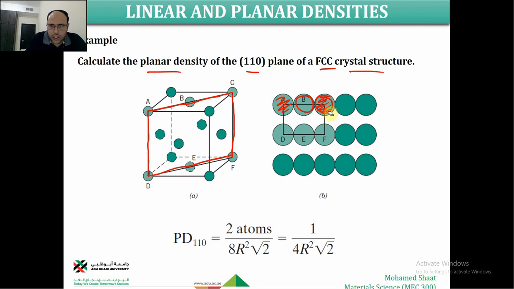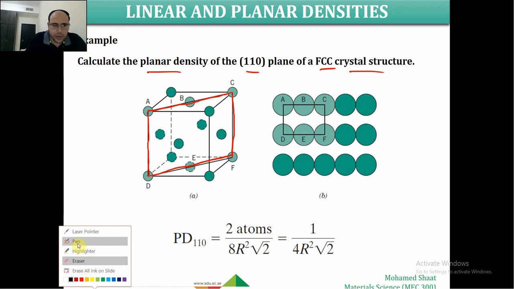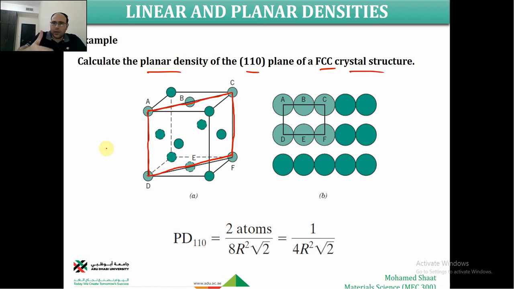So step 1 again is just to draw the unit cell of this crystal, then draw the plane, then extract the plane and identify and allocate the atoms, how they are arranged over this plane. This is step 3. Step 4 is just to count how many atoms physically belong to this plane. Remember, the plane is what is inside, this is the plane.